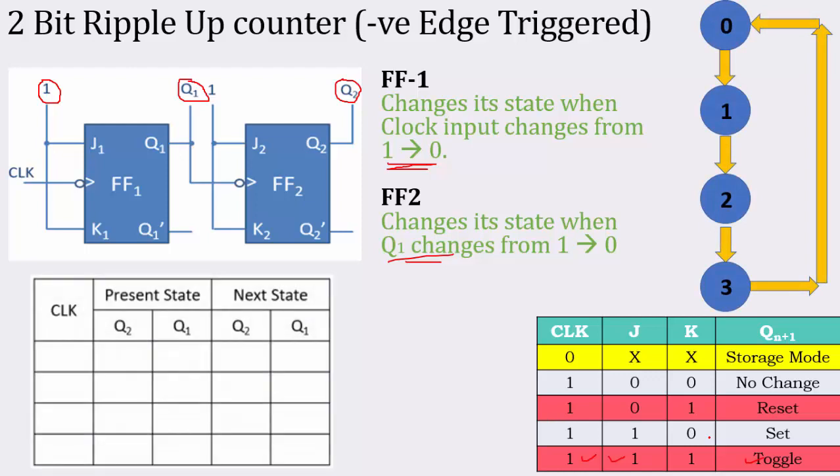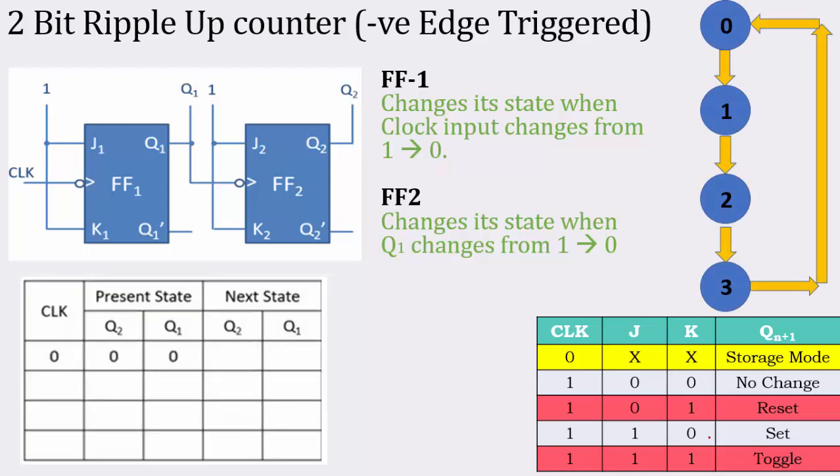Now, at the initial state of the first clock pulse, Q2 and Q1 are both 0, 0. When the first negative edge clock pulse comes, what happens? Q1's present state is 0.